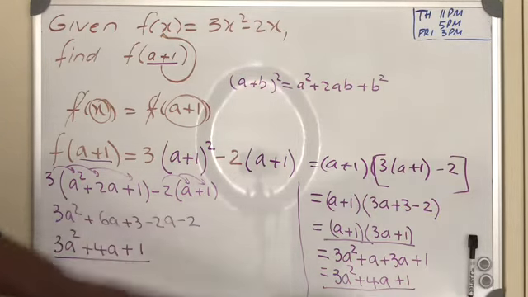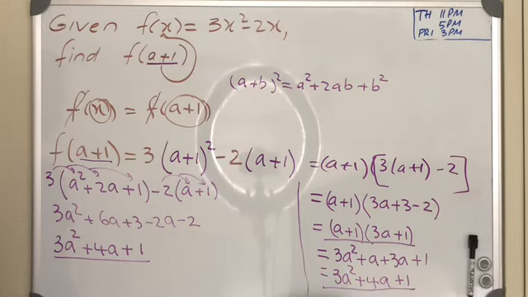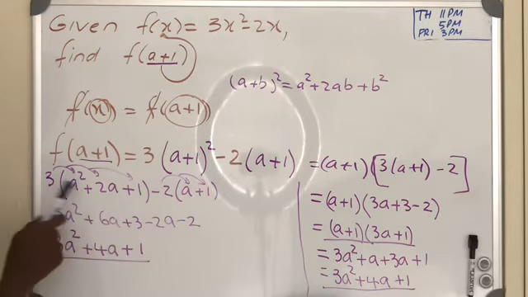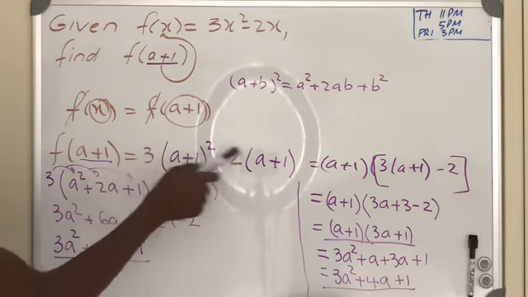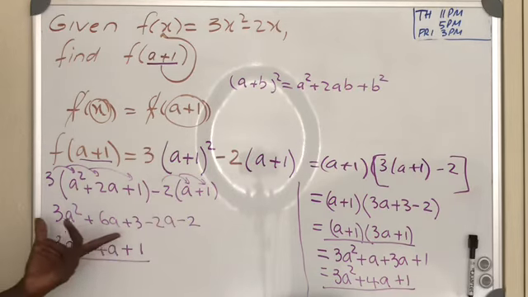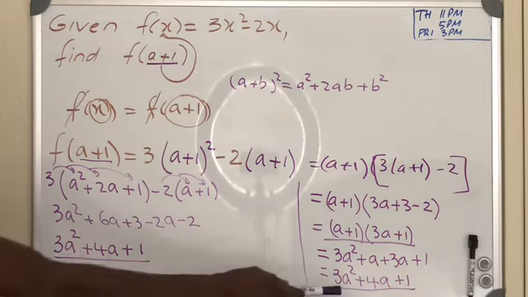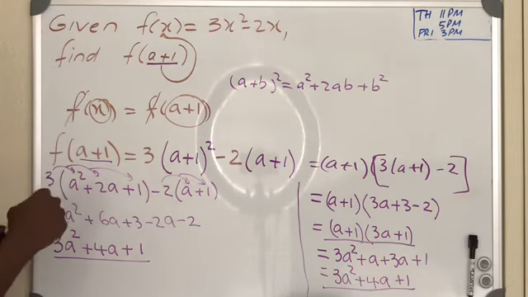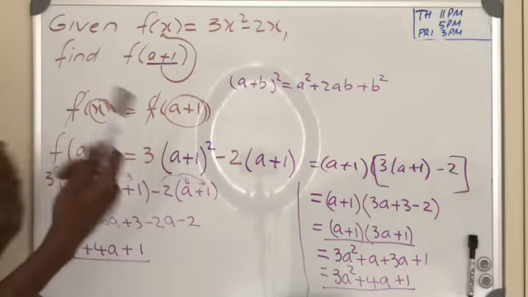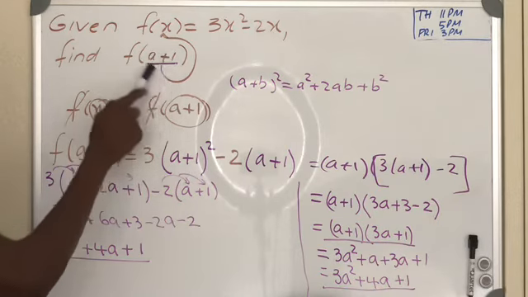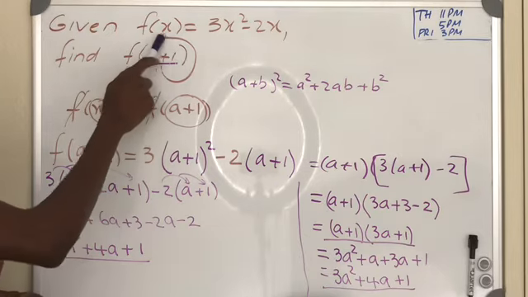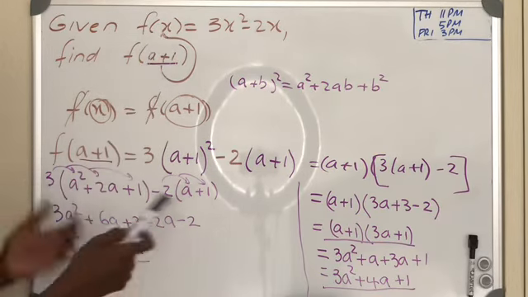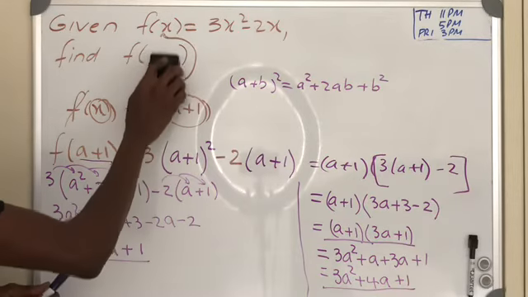So you can do it both ways. You can factor out first to make it more simplified, or you can multiply all these terms and combine like terms at the end, and you're going to get the same answer both ways. Like I said before, whenever they give you a function and ask you for a function of something else, you replace your variable in the function with that something else everywhere. It's the same as if this was a number.